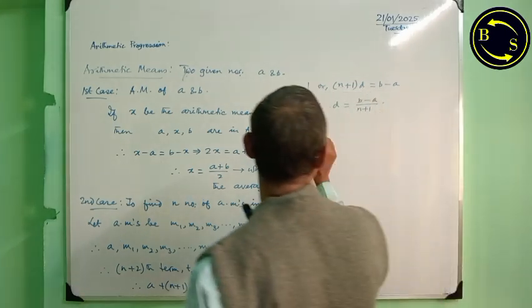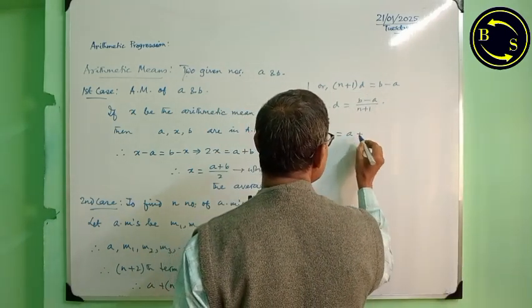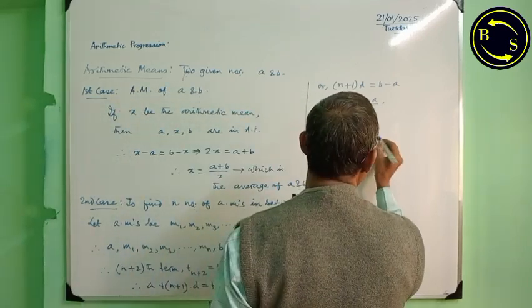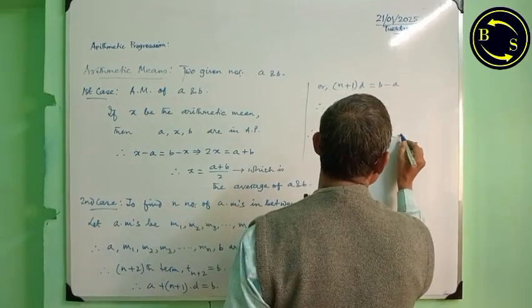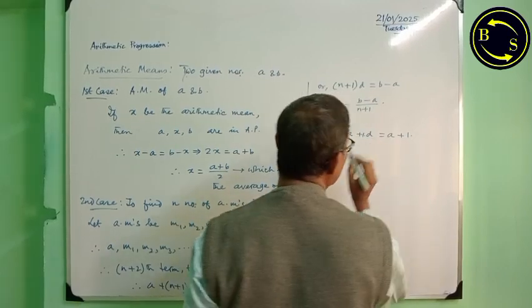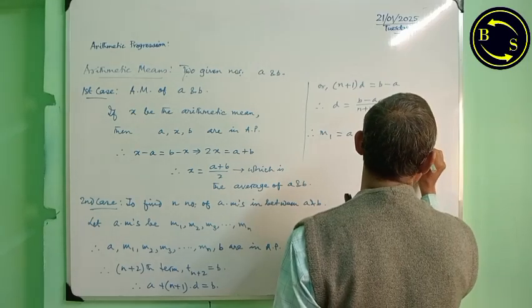Therefore, M1 will be A plus the common difference, that is A plus 1 into B minus A by n plus 1.